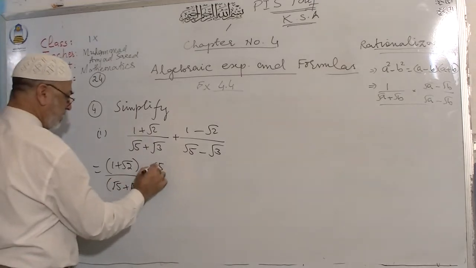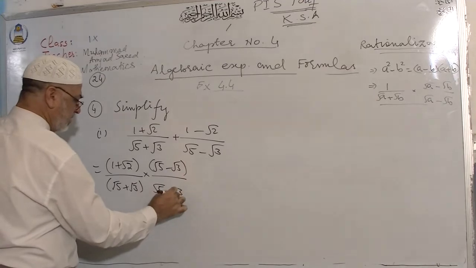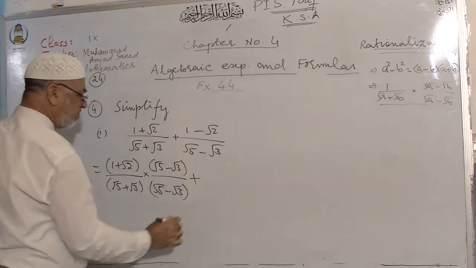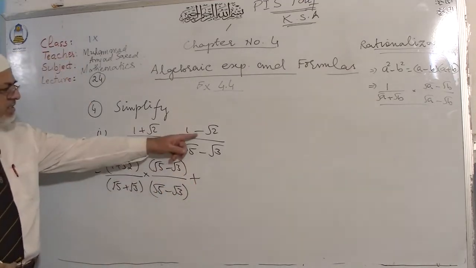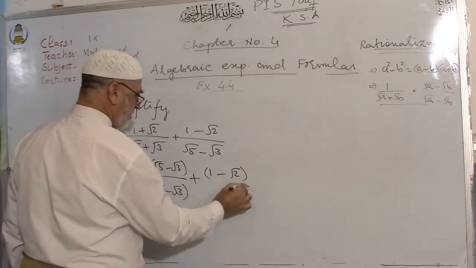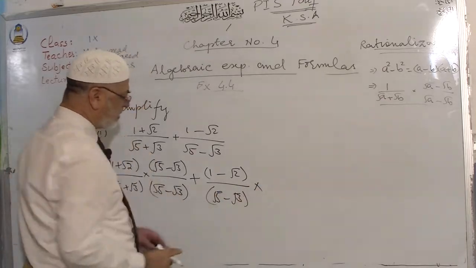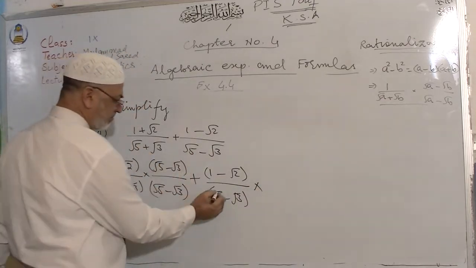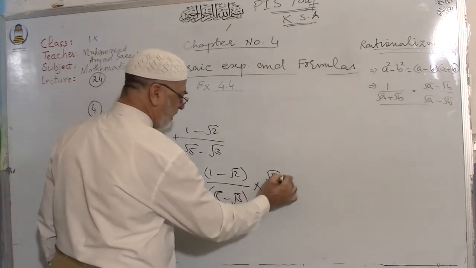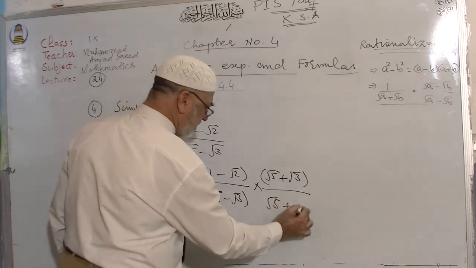What is 5 under root minus 3 under root, 5 under root minus 3 under root, plus, now for this second one, 1 minus 2 under root over 5 under root minus 3 under root. What is the conjugate of the denominator? 5 under root plus 3 under root and 5 under root plus 3 under root.